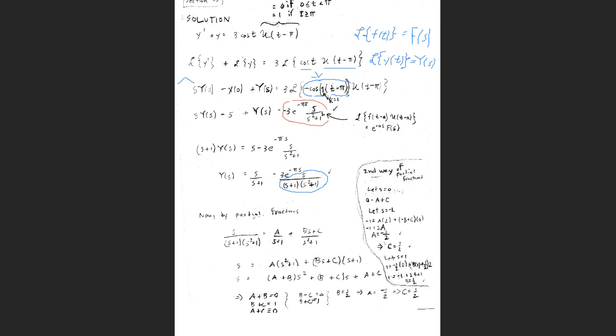They're all lowercase s's. Here, this is a lowercase y. That's right. And the initial condition was y of 0 equals 5. Yep, that's right.